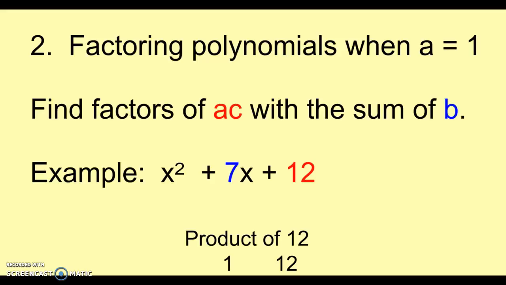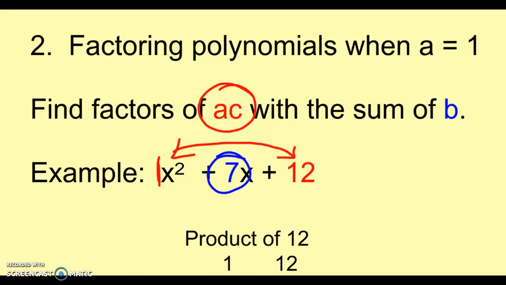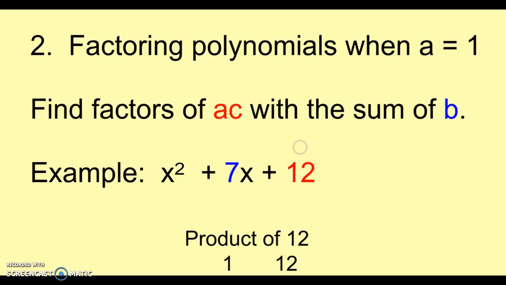You really want factors of a times c, which is really this number times this other number. So in this case, we're looking for factors of 12 that have a sum of b, and b is 7. Let's do this the way we learned it in class, and then I'm going to show you something so that you'll never make a mistake.